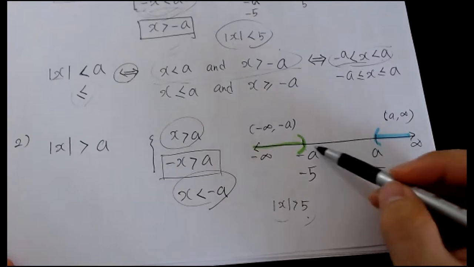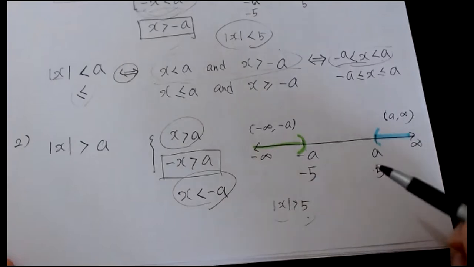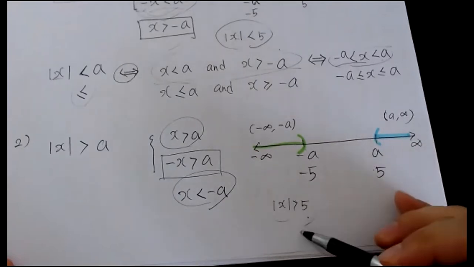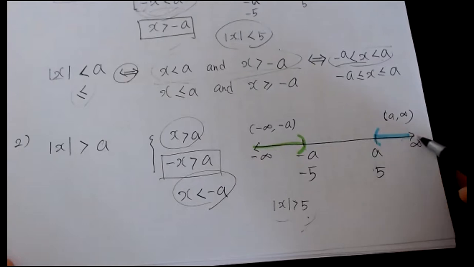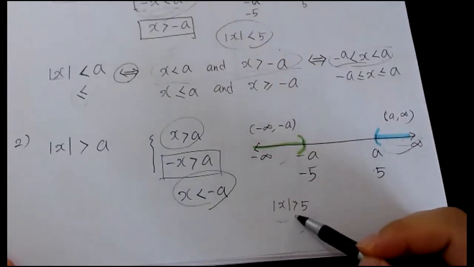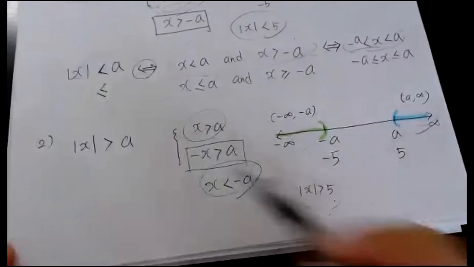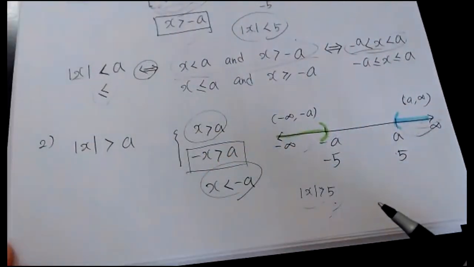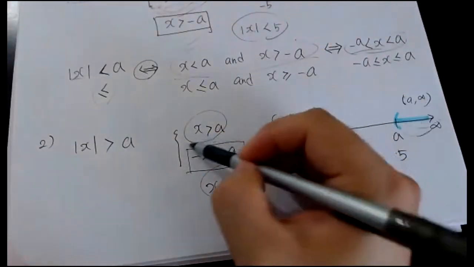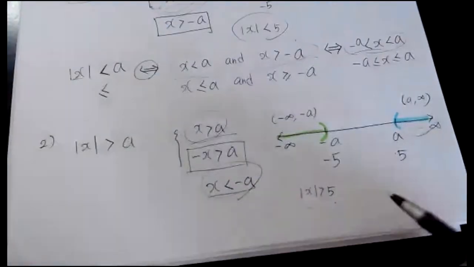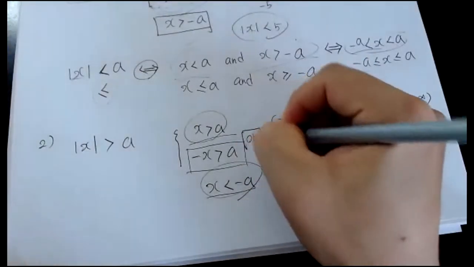So not only 0, all the numbers between negative 5 and 5 do not satisfy that inequality. But all the numbers in this part and this part satisfy it. So that inequality is equivalent to a compound inequality with the connector or. Okay, so keep in mind this.